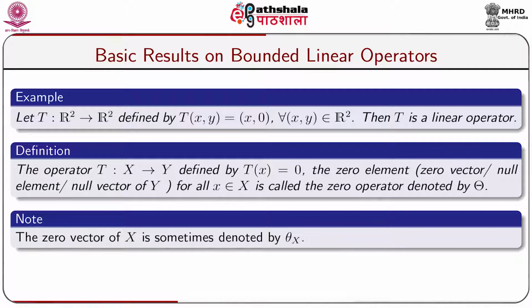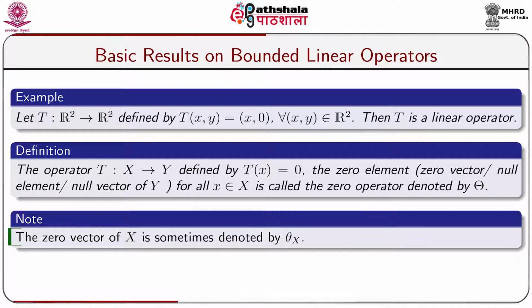Now, we take a definition. The operator T from X to capital Y defined by T x is equal to 0, that is the 0 element, or we say the 0 vector, sometimes we say the null element or the null vector of capital Y, for all x belonging to capital X, is called the 0 operator denoted by big theta.